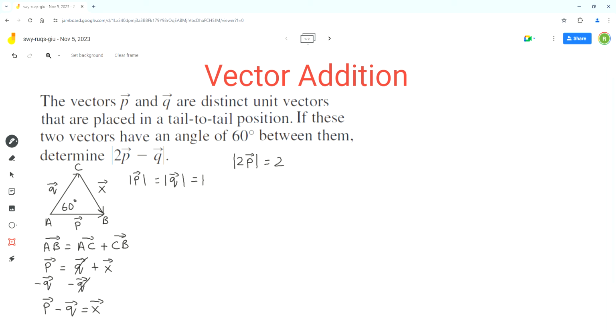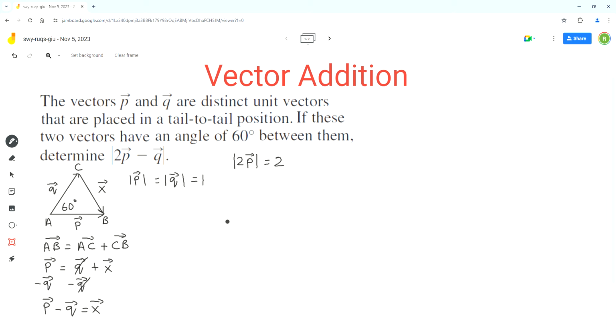So that's why the magnitude of 2p will be double that of vector p. And the magnitude of q will be the same, 1. So that means the length of vector AB, or the 2p, should now be double that of vector p.